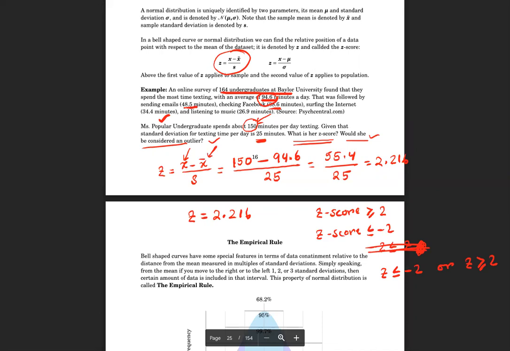So for Miss Popular Undergraduate, she spends 150 minutes texting. Also, when they say z-score, they may use different terms, like standardized score, okay? So her z-score is 2.216, which is obviously greater than 2, so she would be considered an outlier.